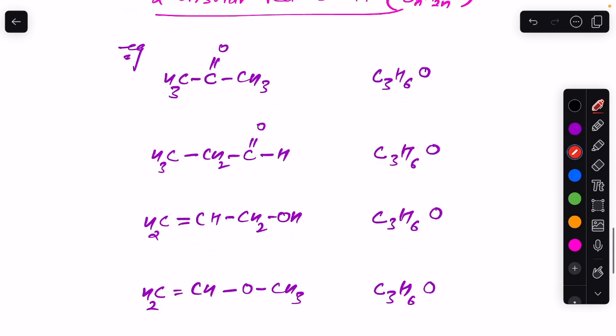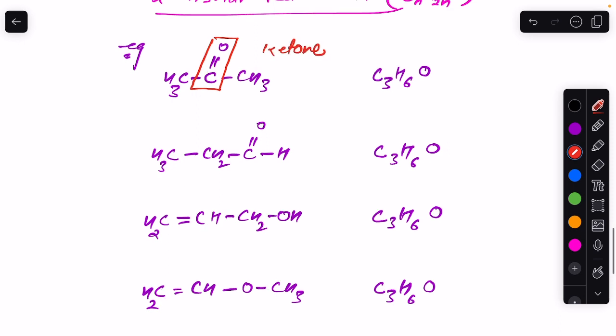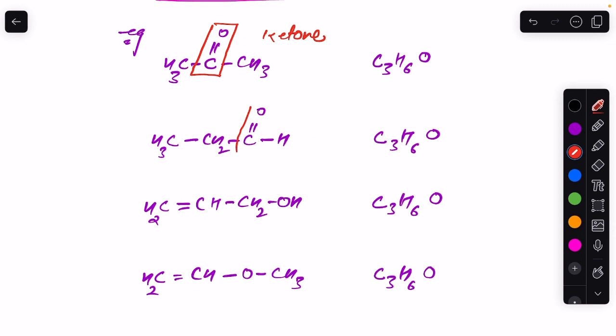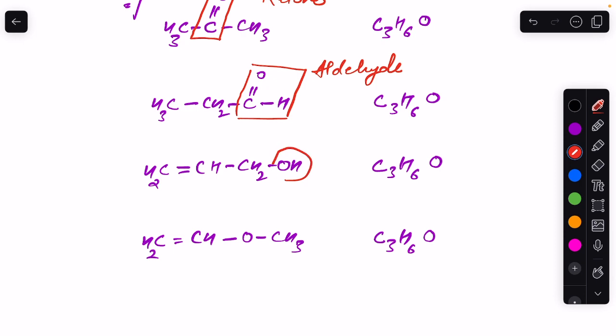So first one is ketone, as the C double bond O fragment is directly connected to two different carbons. This one is ketone. Second one is aldehyde, as the C double bond O fragment is connected to at least one hydrogen. This is aldehyde. Next is alcohol. However, the main chain is doubly bonded.